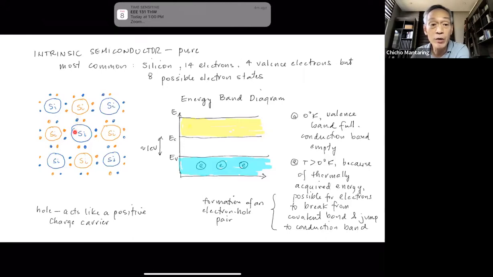So for example, this silicon atom originally has 4 valence electrons, and it shares these with 4 other silicon atoms. So that's this one, this one, this one, and this one. And those atoms also share 1 valence electron with the original silicon atom.